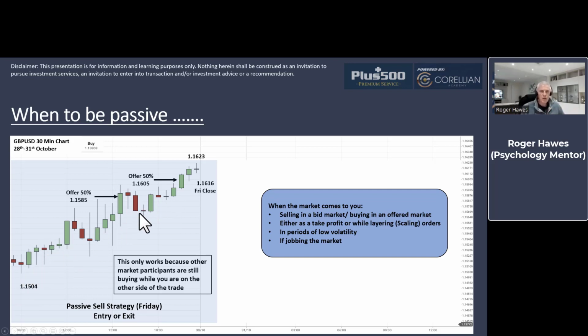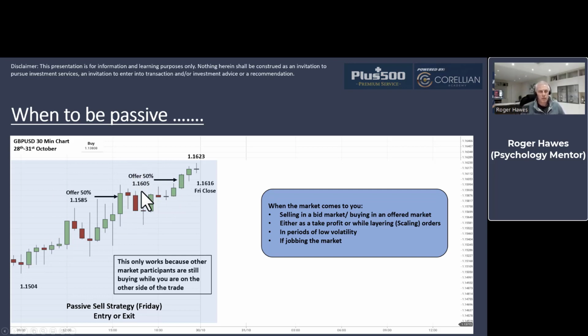It's nudging higher into the weekend. And basically, other market participants are buyers. Well, if that's the situation, I don't want to be selling down there in the low 115s if I feel it's going up. So what do I do? I hold back and I leave some passive resting orders up in the market so I can sell and take advantage of the market coming to me.